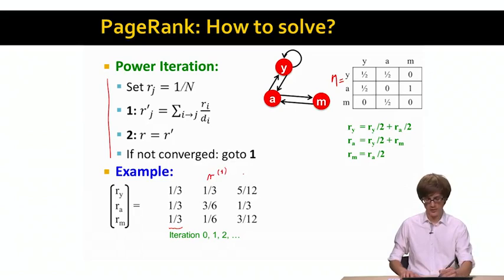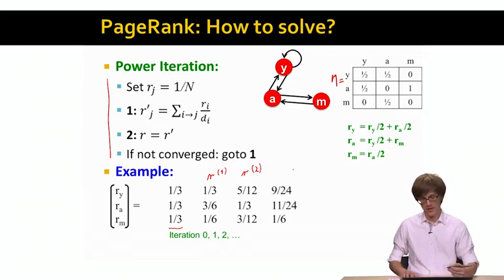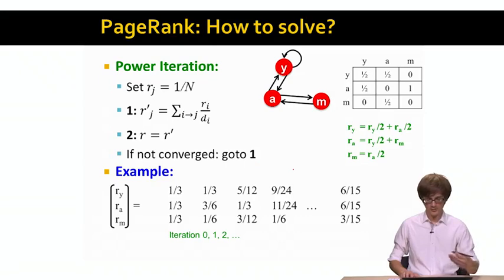And then we compute r at time 1 times M. We obtain r at time 2. And then again, we multiply that with M. We would get r at time 3, and we would keep doing this.